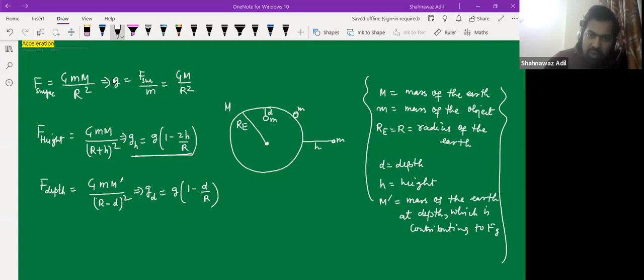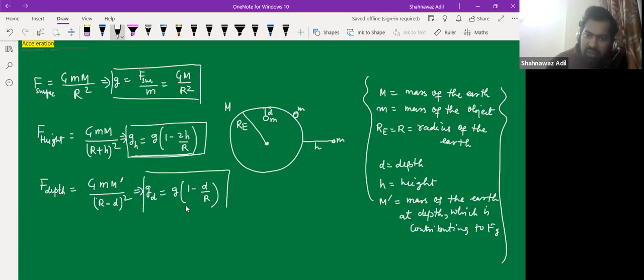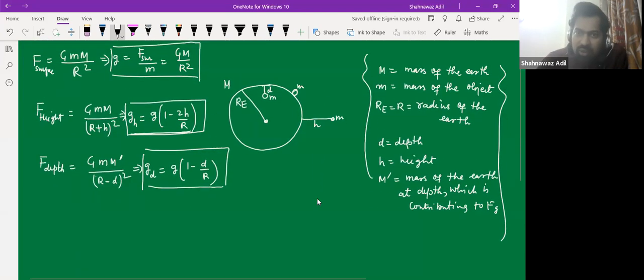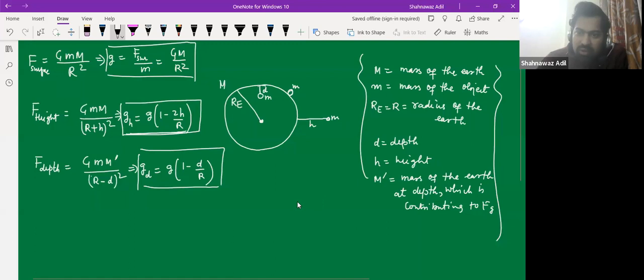Yes, I got this. Yeah, these are the things that we have to put in. So this is g, this is g at a certain height, this is g at a certain depth. Okay, the screen is still loading. Yeah, I'm connected. Fine.